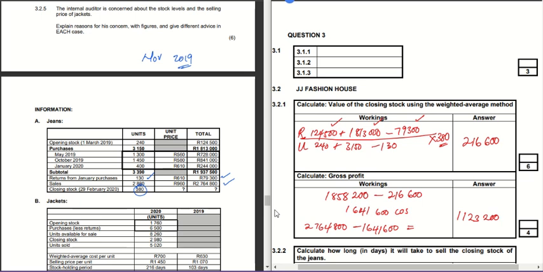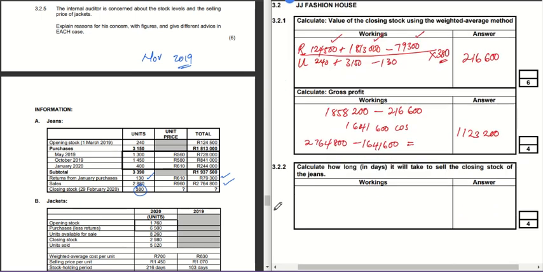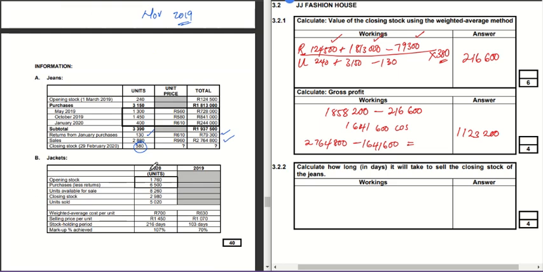Let's quickly move on to the question that was demanded for me to answer. It says calculate how long in days it would take to sell the closing stock. I'm going to use first the rand values.